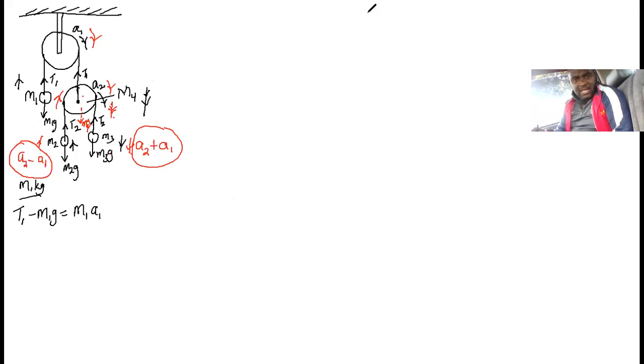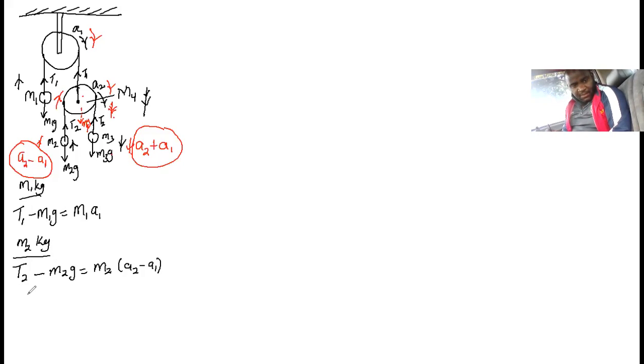Now, to write the resultant, I needed to first get those accelerations. The resultant acting on M2, we shall have tension T2 minus M2G is equal to M2 times, which M2 is moving with, A2 minus A1.